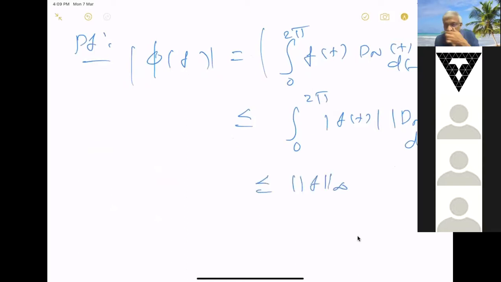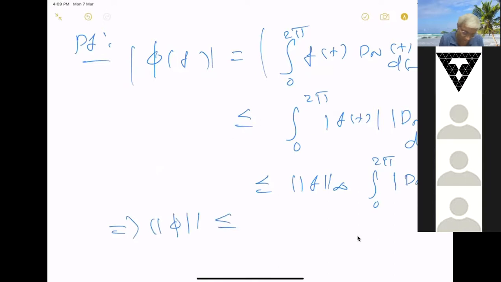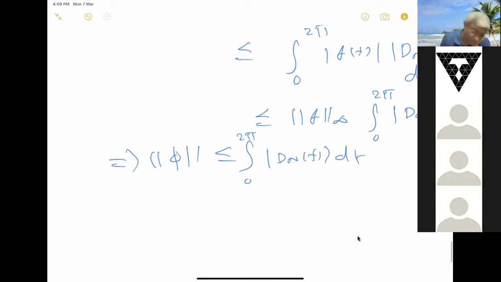You can take the f infinity out. So this implies norm phi is less than or equal to the integral of mod D_n(t) dt.